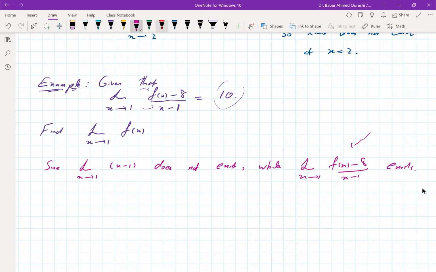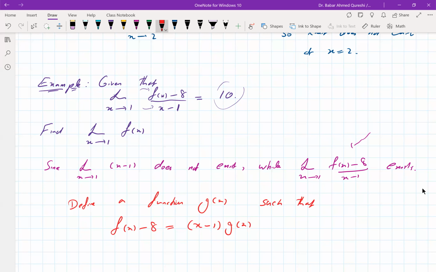So define a function g of x such that, you just define it.